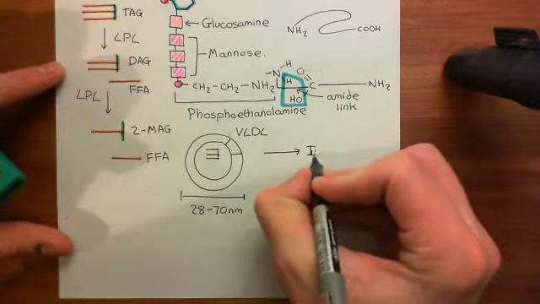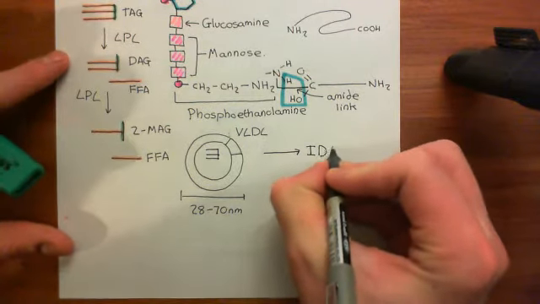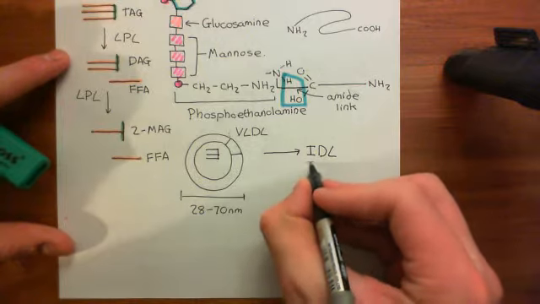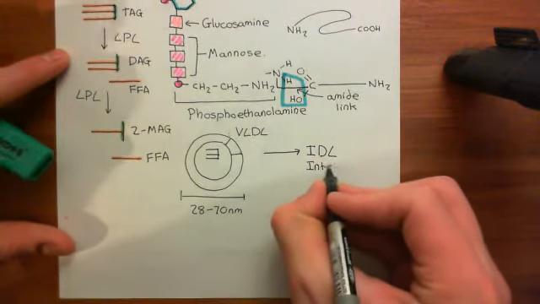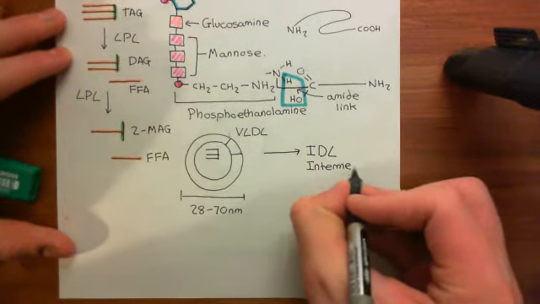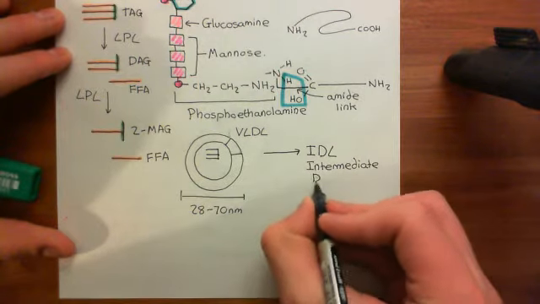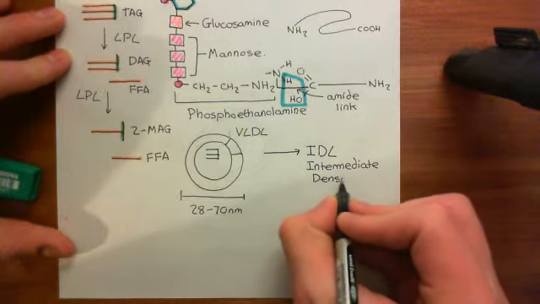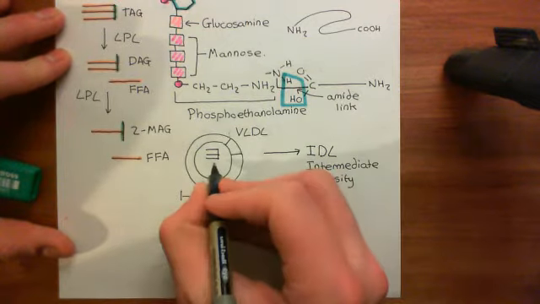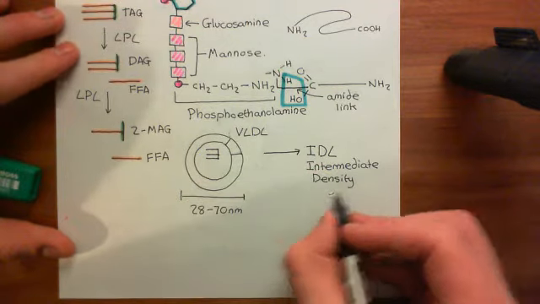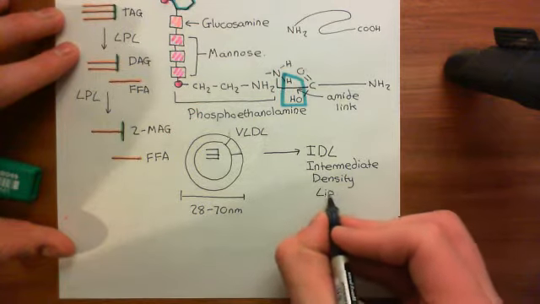It goes through a stage known as the intermediate density lipoprotein, or IDL. This is sort of where the very low density lipoprotein has given away a huge amount of its triacylglycerol, but it hasn't quite given away all that it can give.